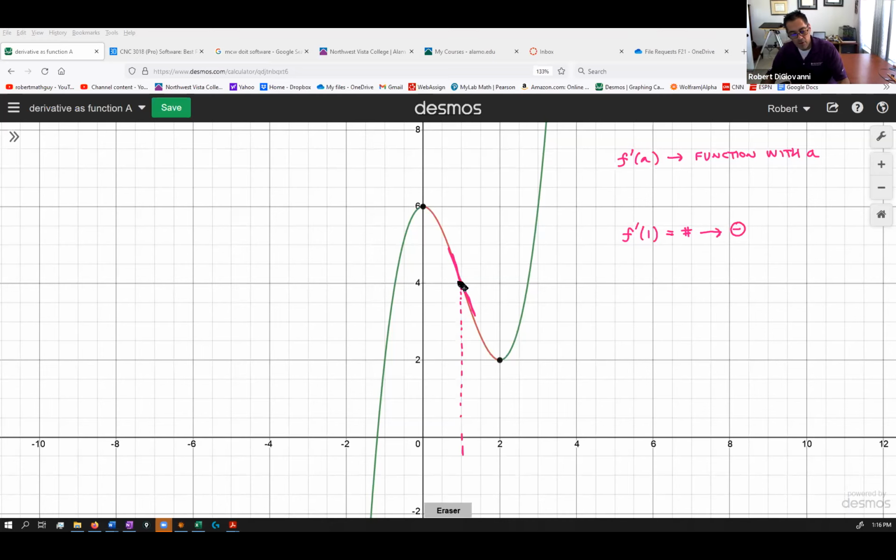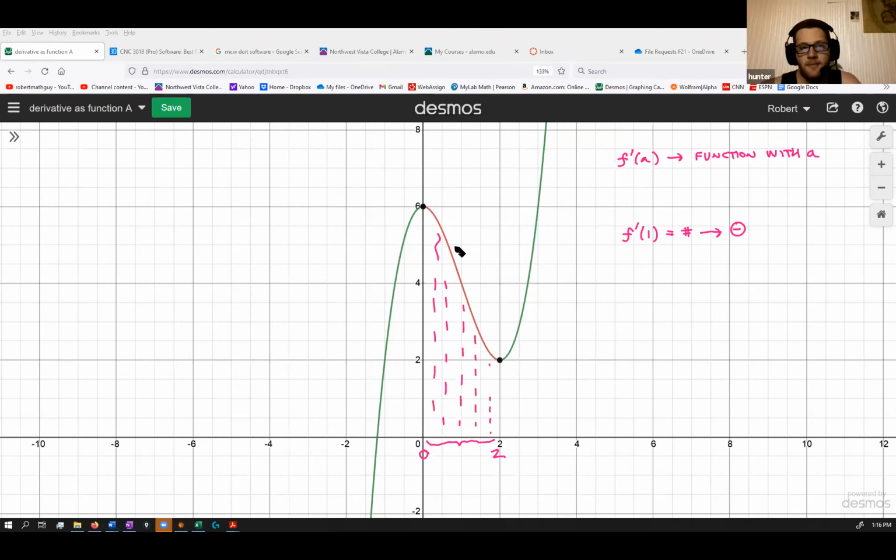And if you look at any point that I pick for x down here, anywhere between 0 and 2, do you agree that if I go up anywhere here, I'm going to get a derivative that's negative? Yeah. Because anywhere there, the graph is going down.